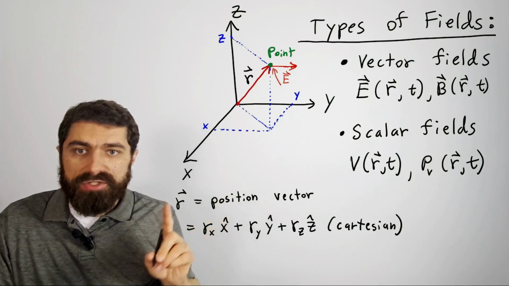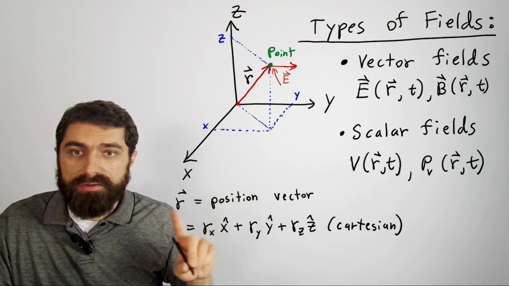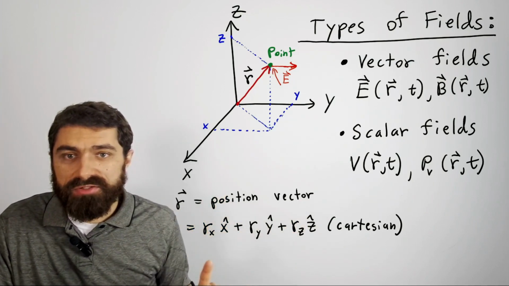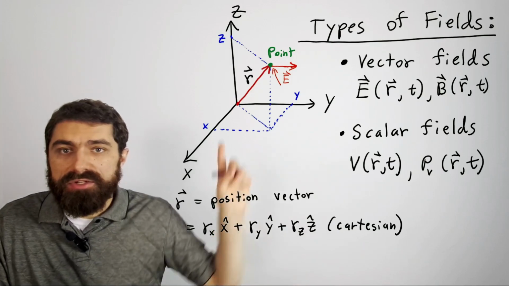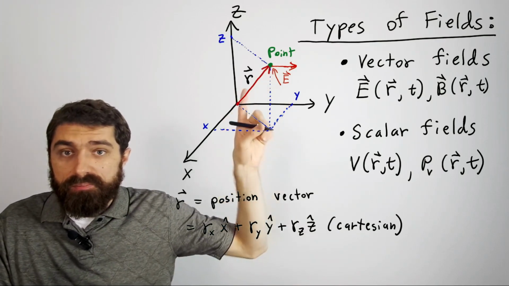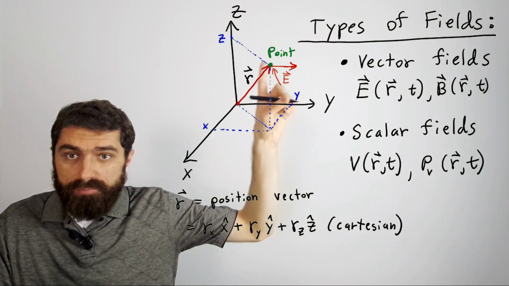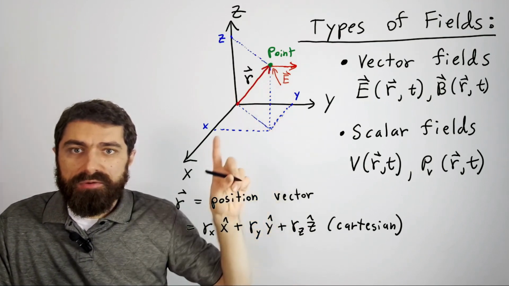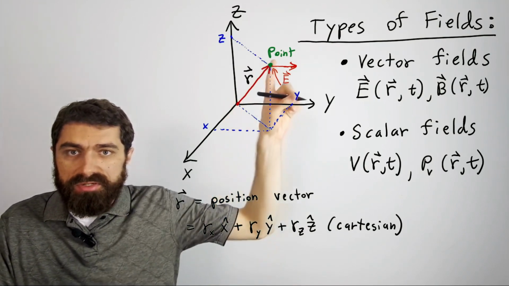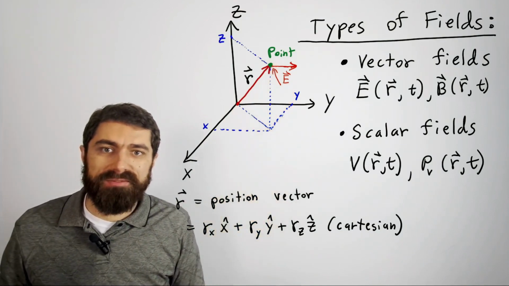And again, just to reiterate here, this r vector is just the position vector. It's just a way of denoting the position of the point that we're trying to designate in space, which is just going from the origin to the designated point.